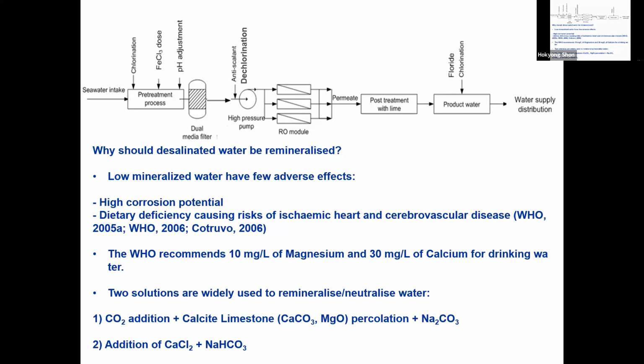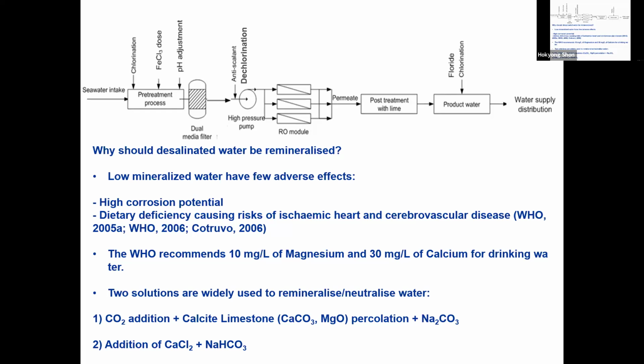Calcium carbonate is a very good mineral source, along with magnesium oxide and sodium carbonate. We can also use calcium chloride and sodium bicarbonate to have better quality drinking water.